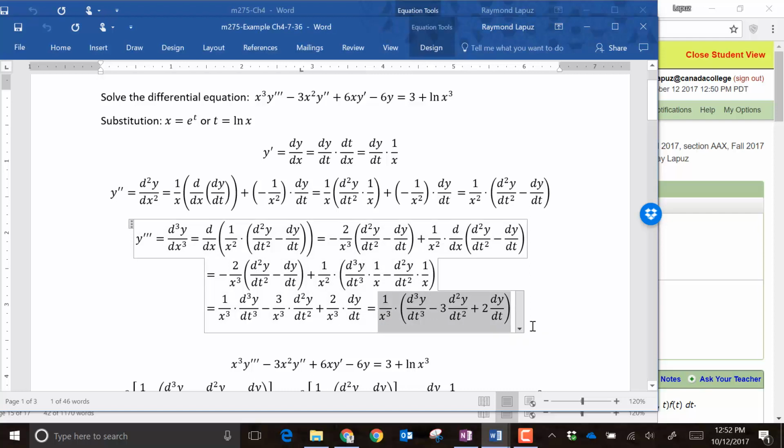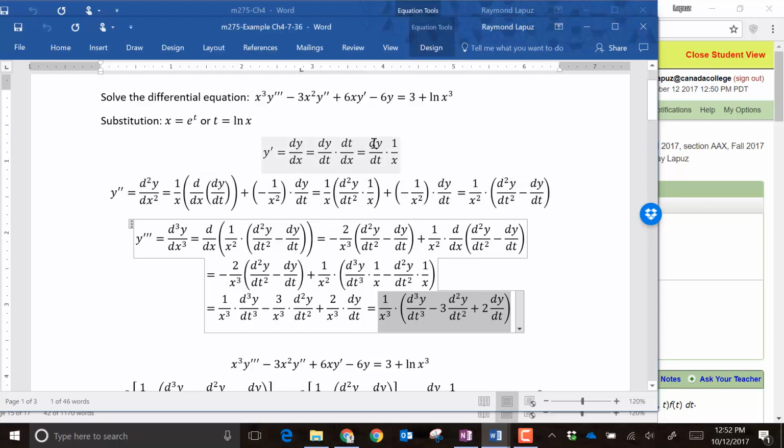It's doable, and we just have to remember that the derivative of y as a function of x is going to be y as a function of t, and then t is a function of x. So there's a chain rule that's involved there, and the chain rule happens in a couple of places.